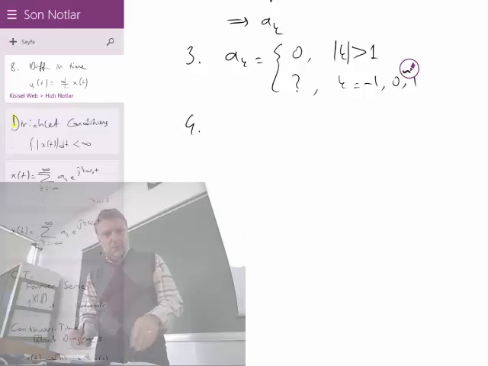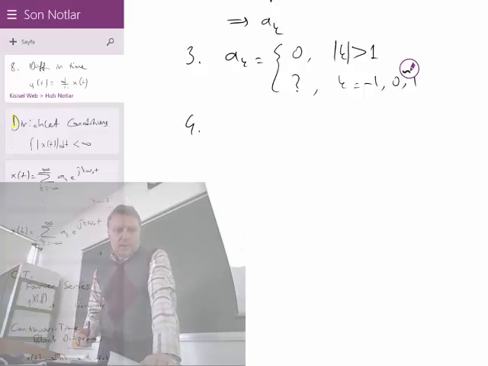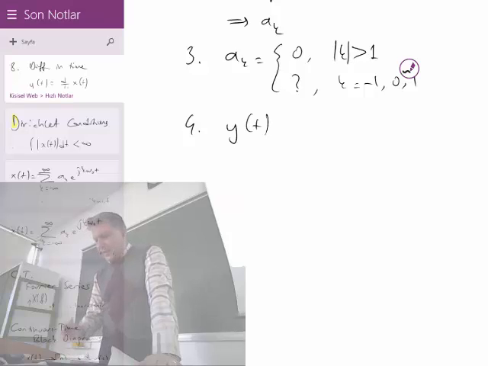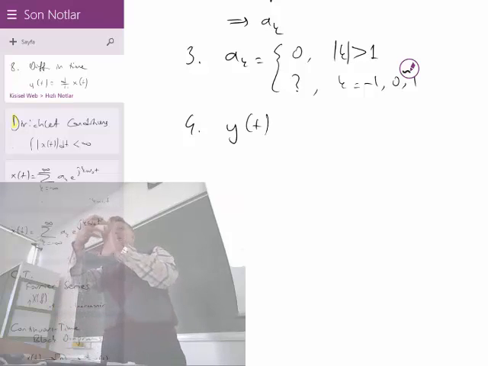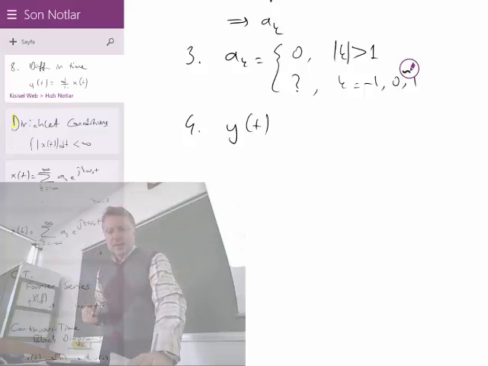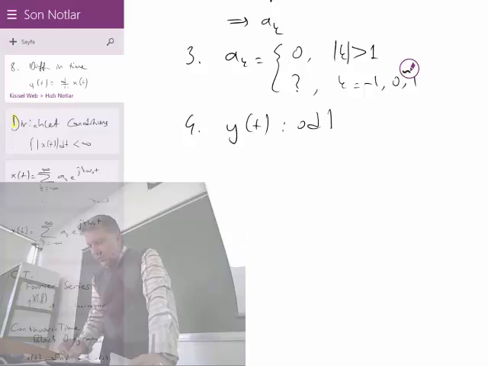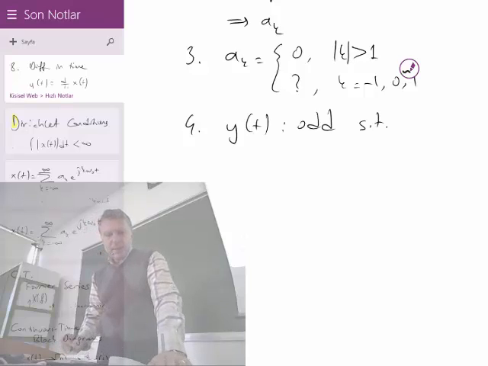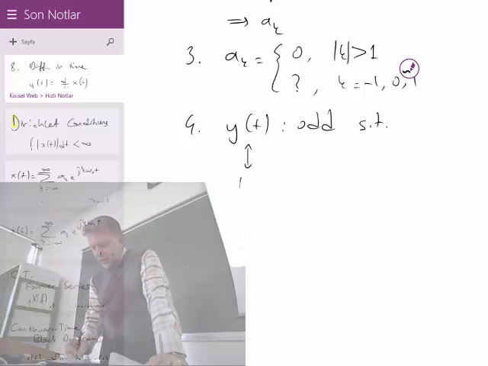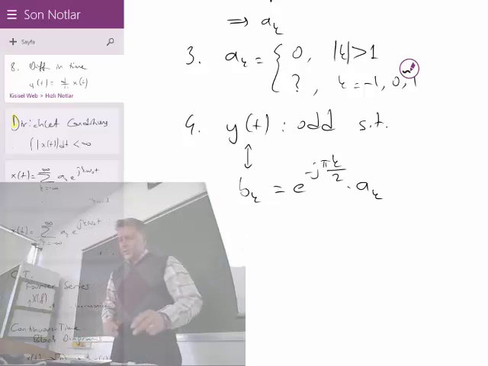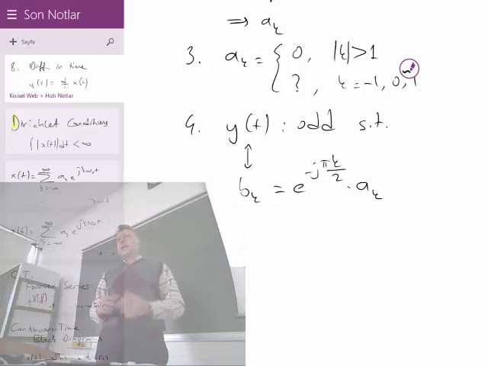What else do we observe? We observe a reflection of that. Suppose that you have a mirror, and from that mirror we are observing something, and that reflection is observed to be an odd signal, such that the Fourier series coefficients of these y's are b_k's that are connected to a_k's with this formula, e to the minus j pi k over 2 times a_k. So y(t) has a link to our x(t) using this.